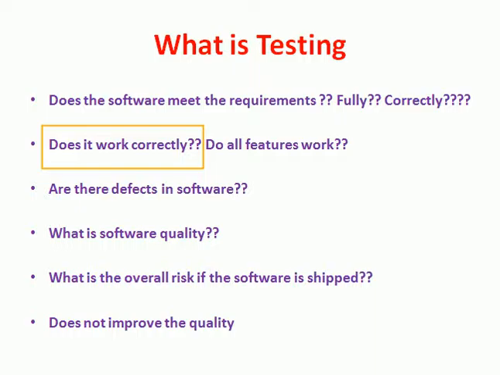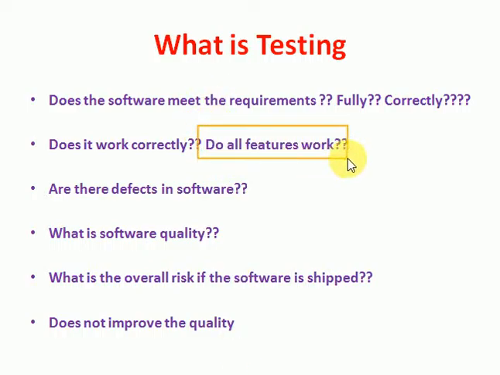The second question we have to ask ourselves is, does the software work correctly? Testing always involves making the software work. We cannot just look at the software, look at the user interface and decide whether it is correct or not. We have to test it.